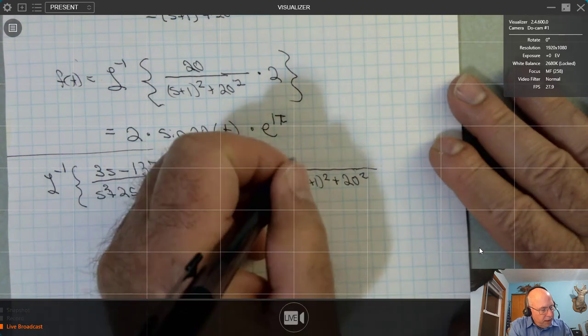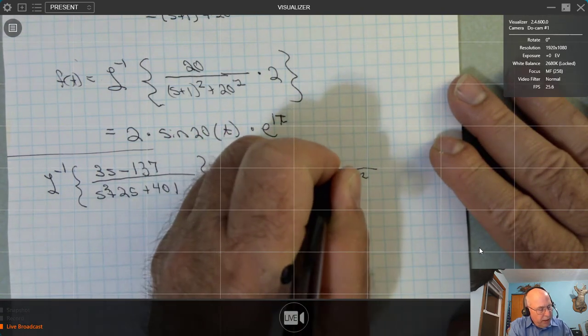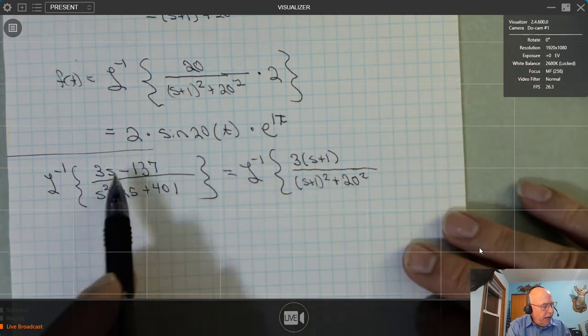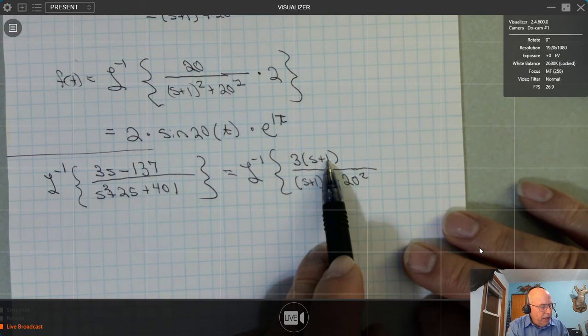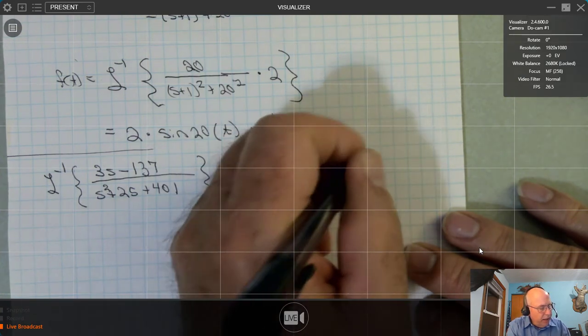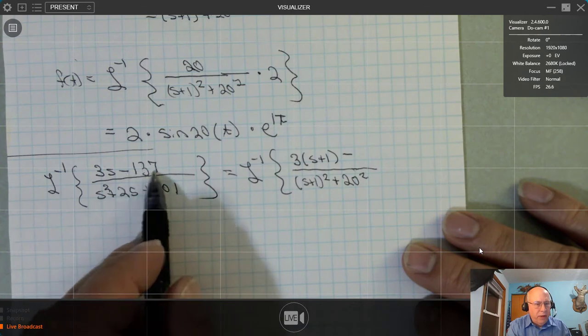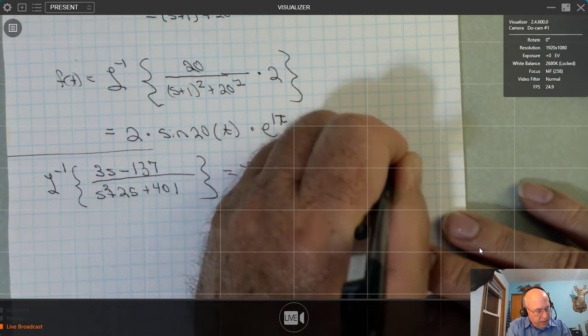We really want it to be written in terms of s plus 1. Now, if you change that s to an s plus 1, 3s is good, but you added 3, right? So that would mean that you need then to subtract another 3. So minus 137 minus 3 is minus 140.